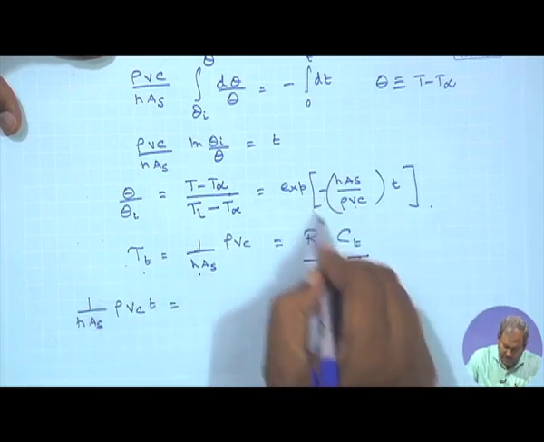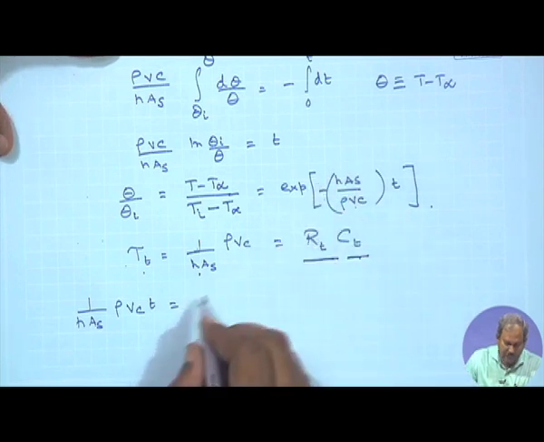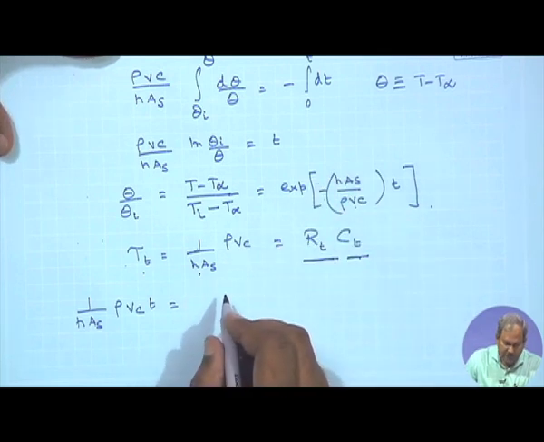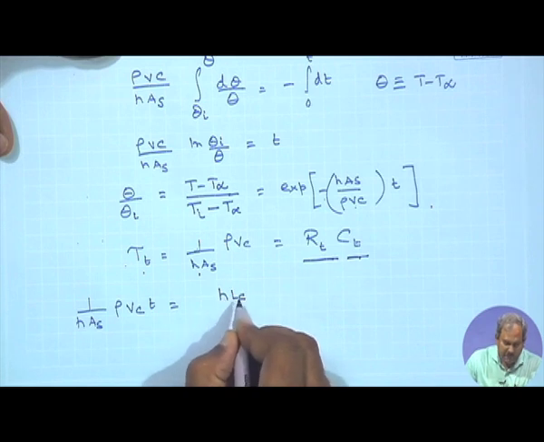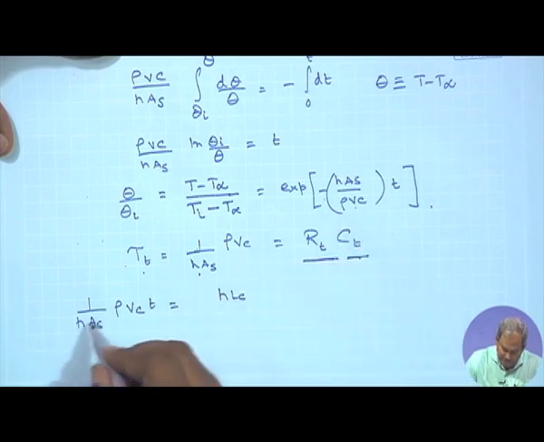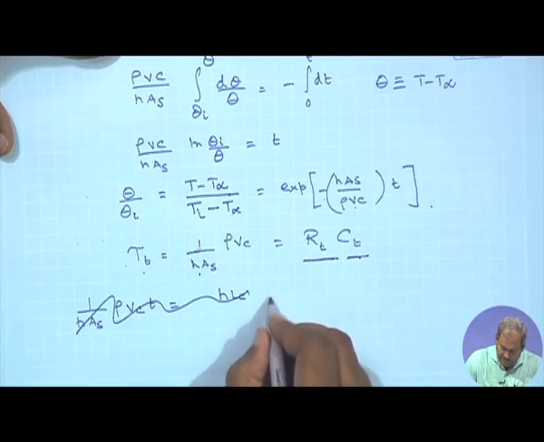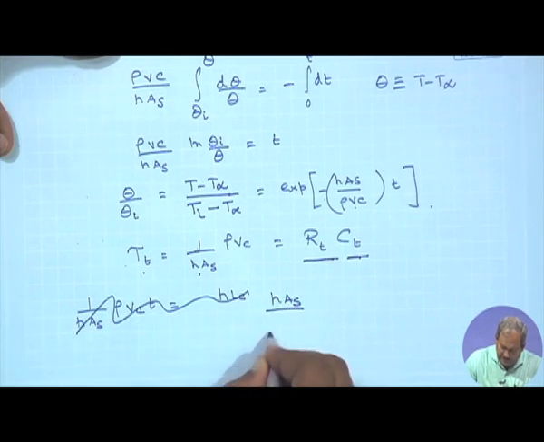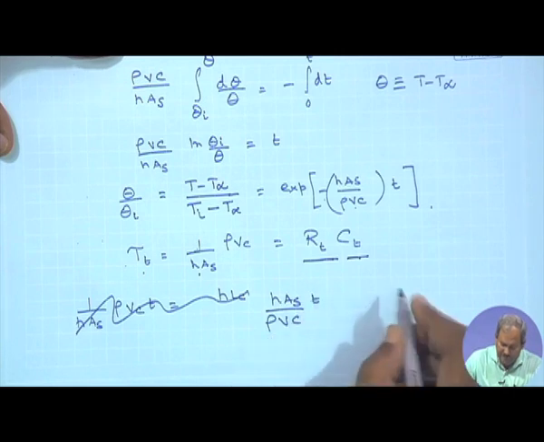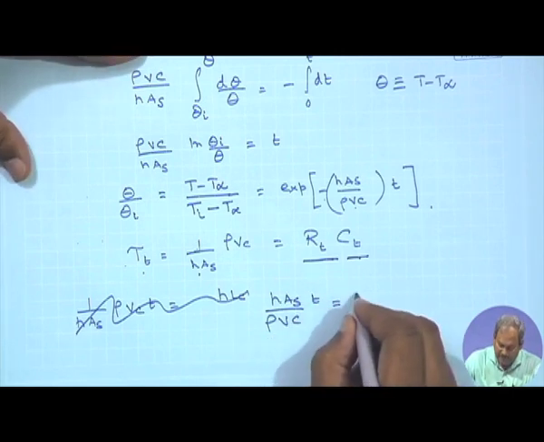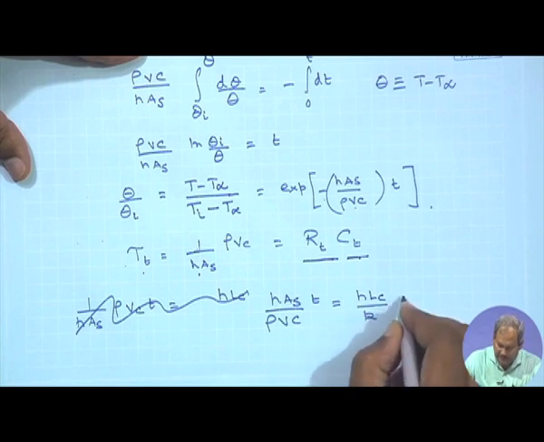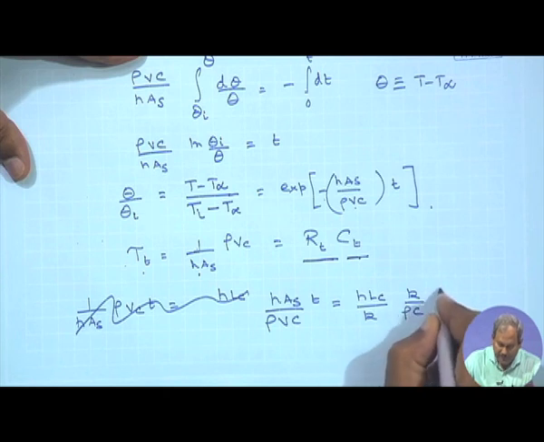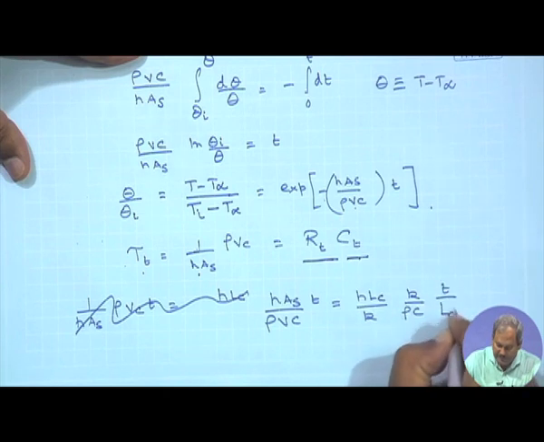I am talking about the entire thing inside the exponential, which can be expressed as, I am sorry, the reverse way, h A_s by rho V C times t. This can be written as h, bring in a length scale, by k, then k by rho C, and t by L_c squared.